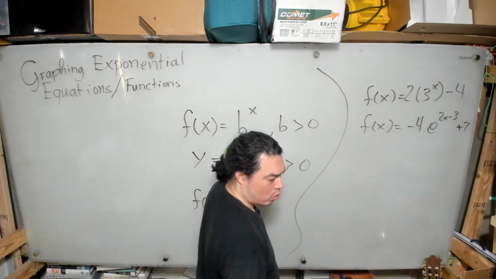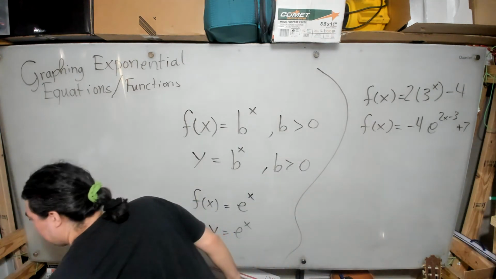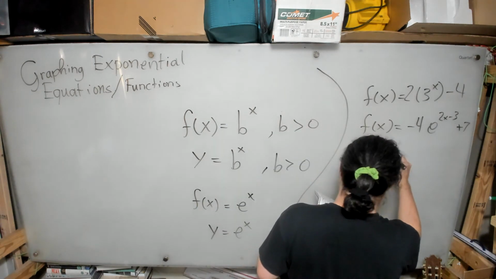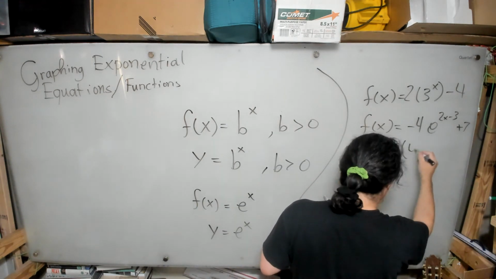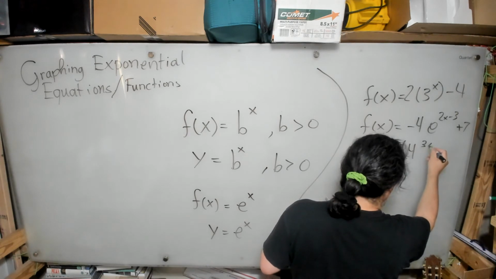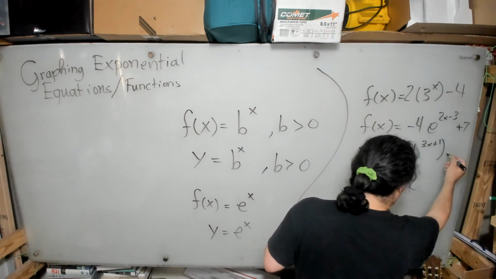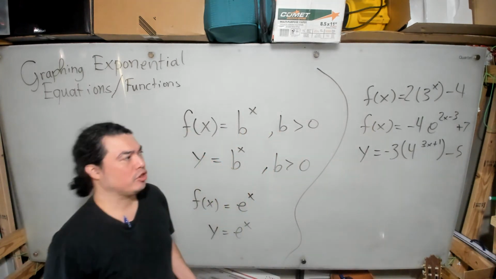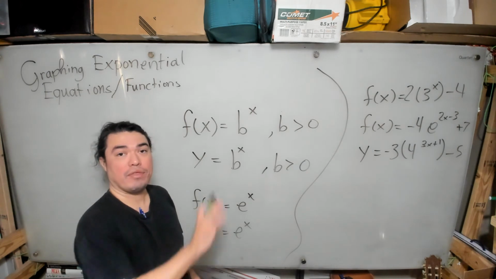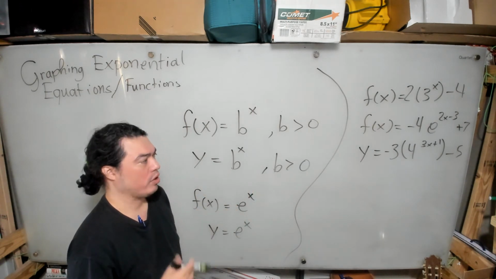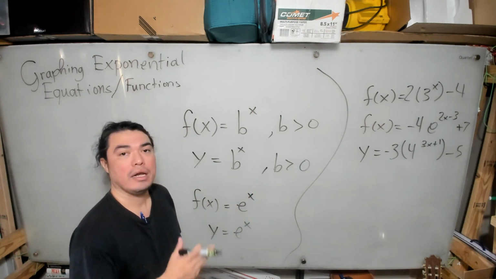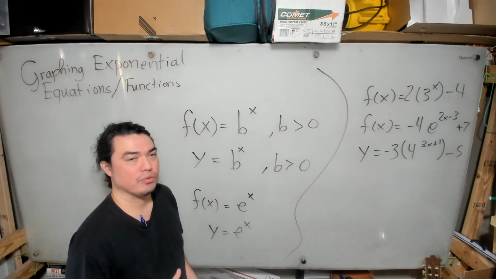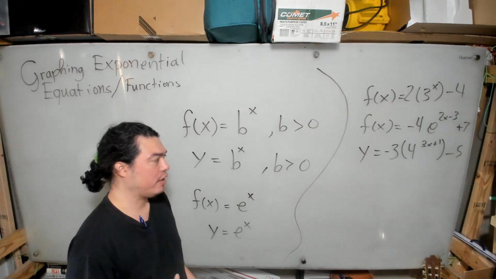Or things like y equals negative 3 times 4 to the 3x plus 1, minus 5. These are more complicated exponential equations and functions, and we're going to graph them later on once we've developed some insight, because having developed the insight first will guide us to do this more effectively.